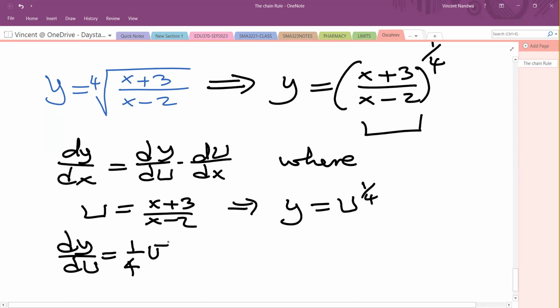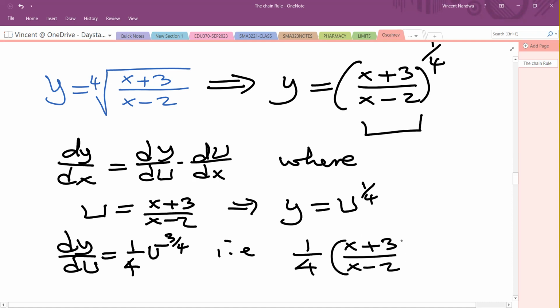Yeah, so minus 3 over 4. So i.e. this will be 1 over 4 into x plus 3 over x minus 2 power minus 3 over 4. Okay?